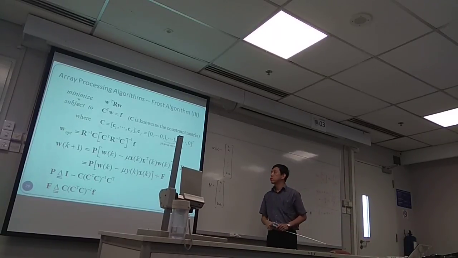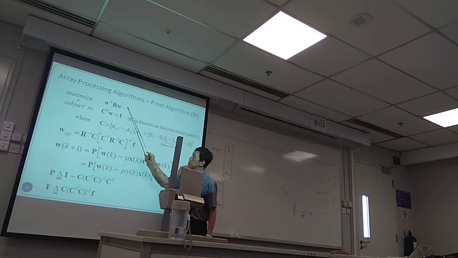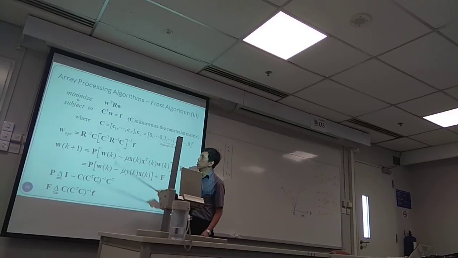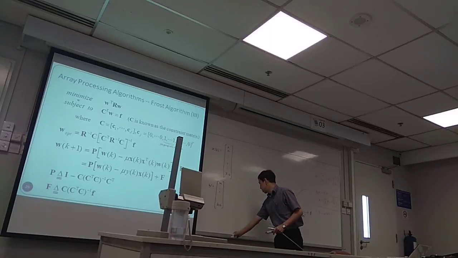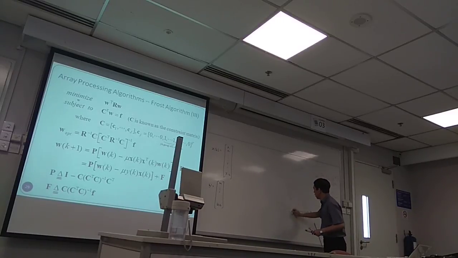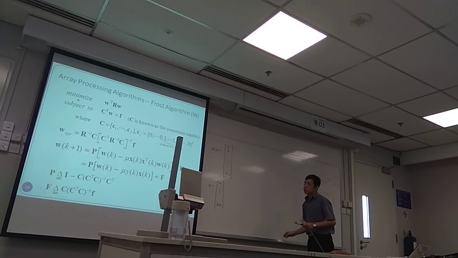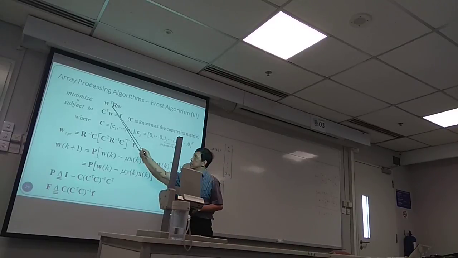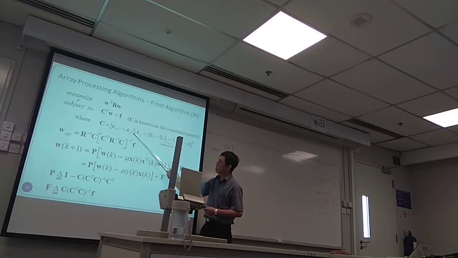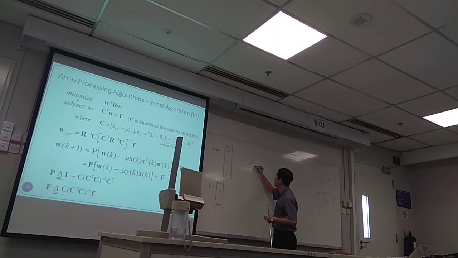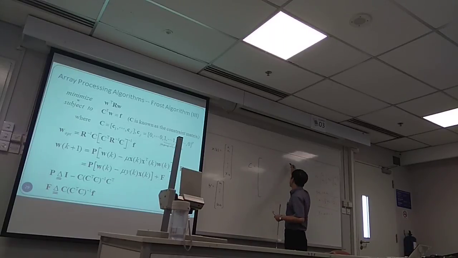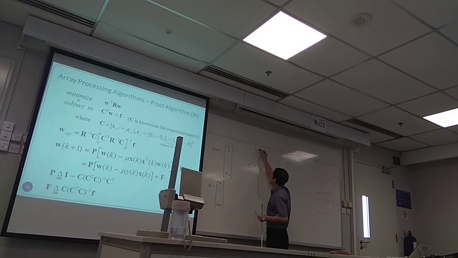So the optimization problem is basically still the same: minimize the output power subject to a set of linear constraints. In the case of MVDR, the constraint equation is a single linear constraint, but for the broadband case, you have a constraint matrix C, given to be C1 up to Cj. Let's say we have 4 antennas and an FIR filter with 3 taps.